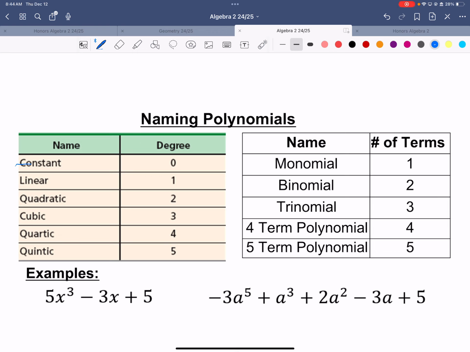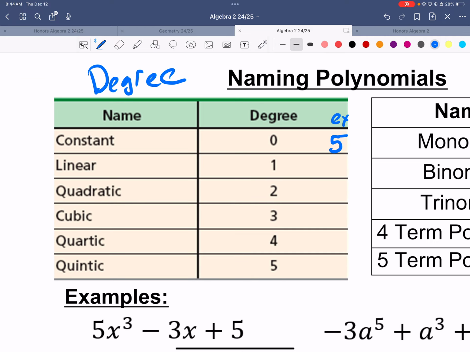Okay? So, if the degree is 0, so this first column here is degree. If it's a 0 degree, it's a constant. An example of this would be something like 5. 5 is a constant. It has a degree of 0. We say it's linear if its degree is 1. So like 5x.